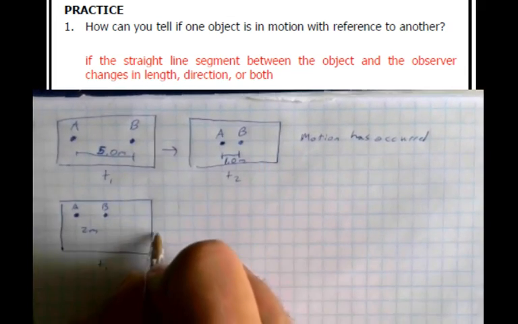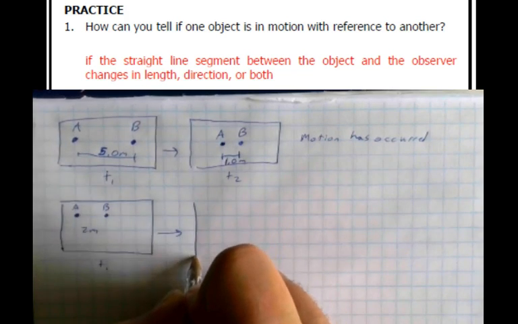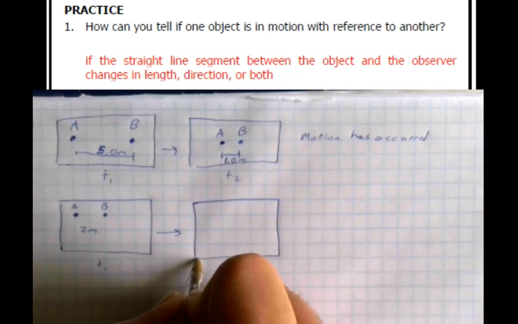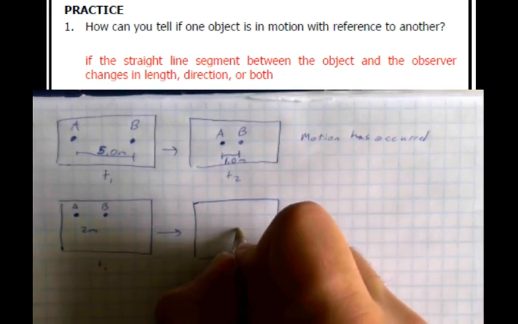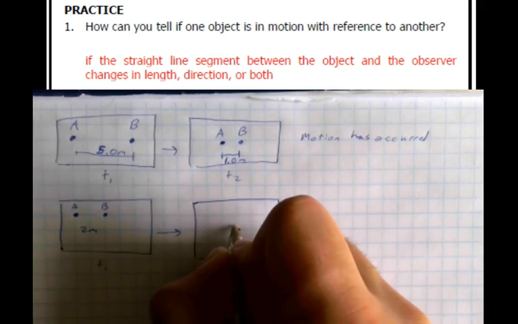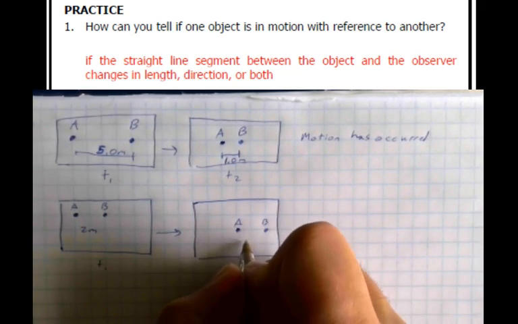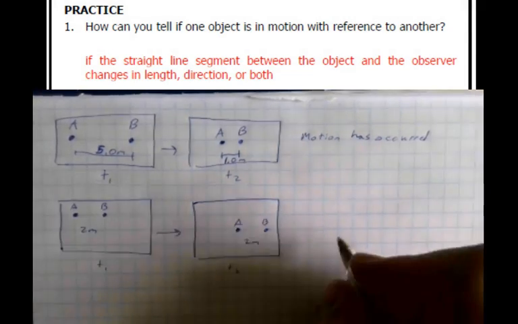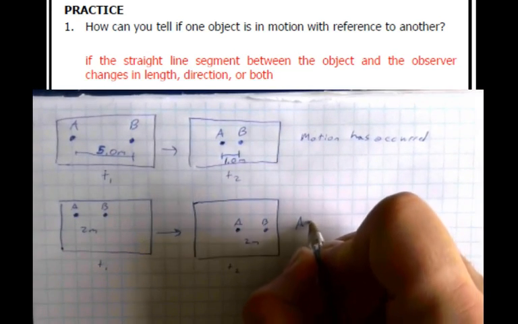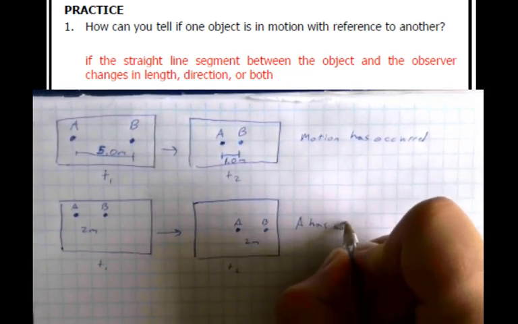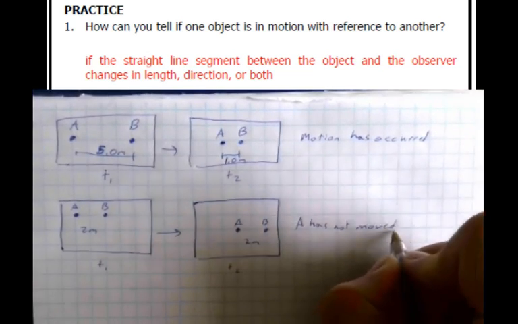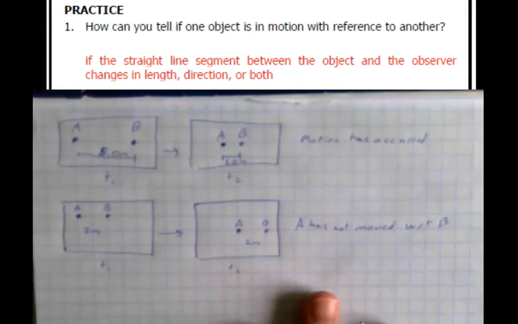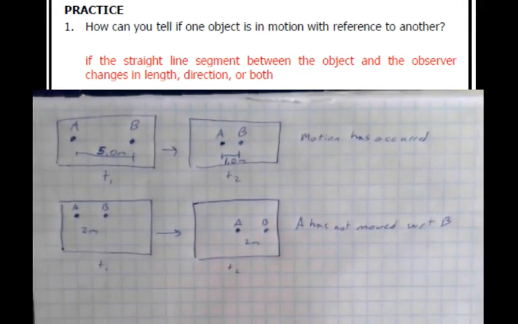And in my situation time 2, let's say that A and B have moved, but they are still 2 meters apart. So A has not moved with respect to B. So no motion is occurring between A and B.